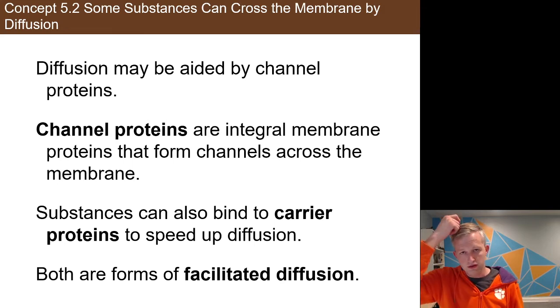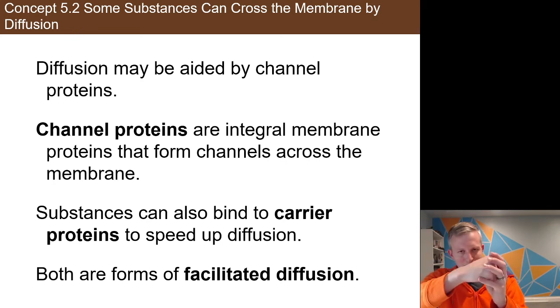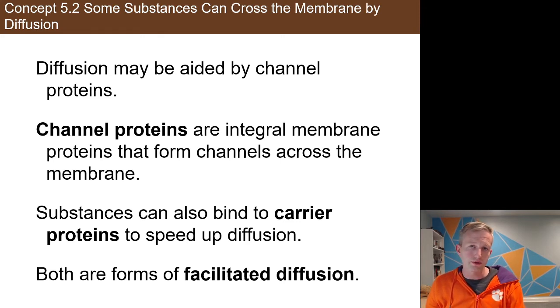Likewise, carrier proteins are very similar in that these are proteins which grab onto a molecule, or not grab onto, but because of a chemical attraction, they match up, and that causes a change in the shape of the protein, which then delivers that molecule across the membrane and into the cell. It's a subtle difference, but an important one, to understand that there are different types of proteins to facilitate transport in different ways.